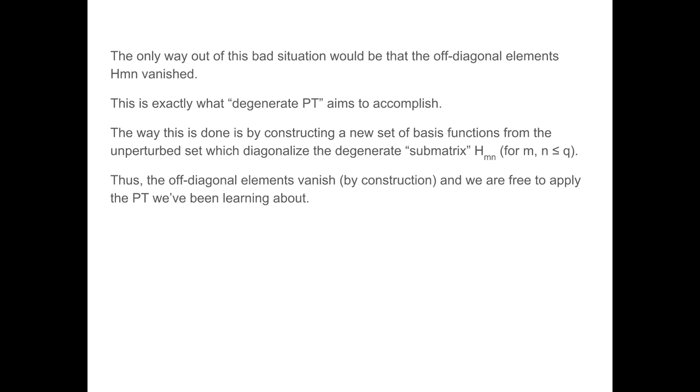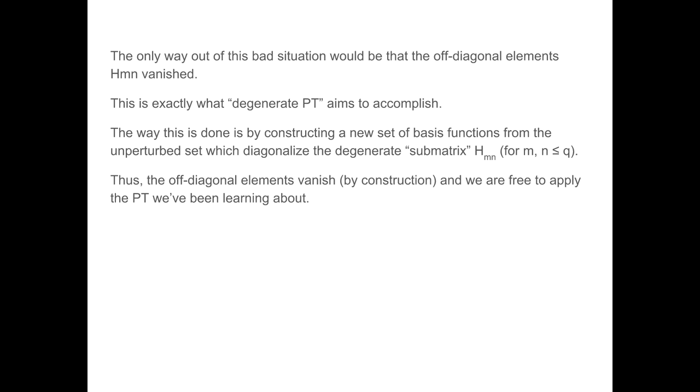The way we do this is by constructing a new set of basis functions that are linear combinations of the unperturbed basis functions. But these new functions are going to diagonalize the degenerate perturbation matrix, or at least the submatrix of it.